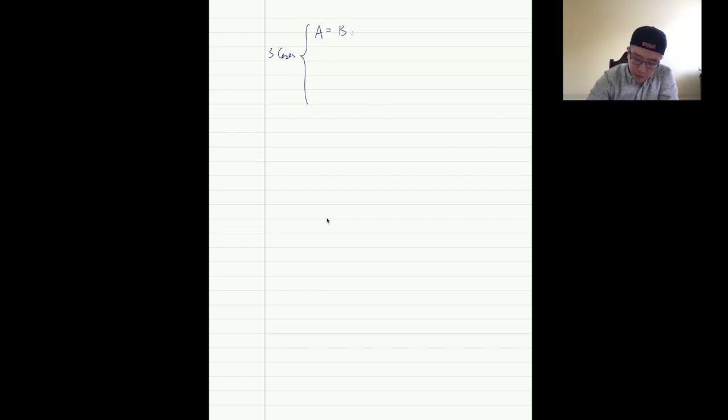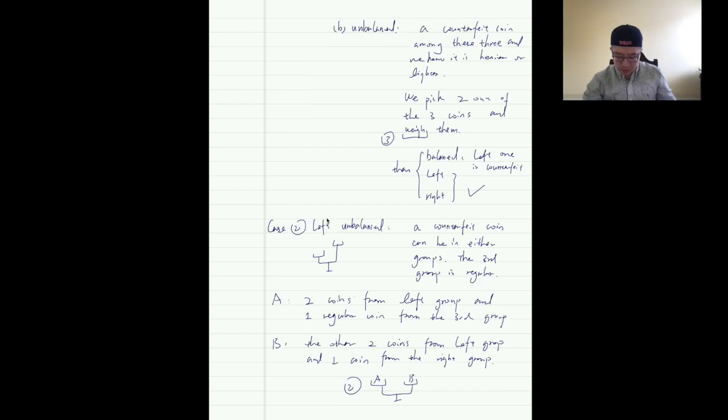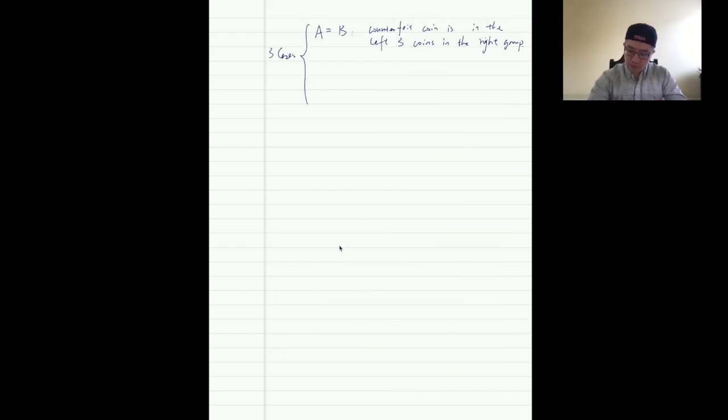In this case, we know the counterfeit coin is in the left 3 coins in the right group, and because the left side is all regular, combining this information with the second weighing, we know that the counterfeit is lighter, because it has to be here. Okay, and it is lighter.